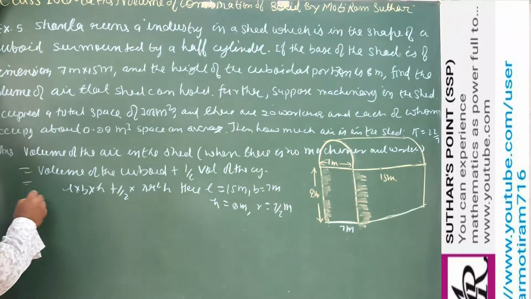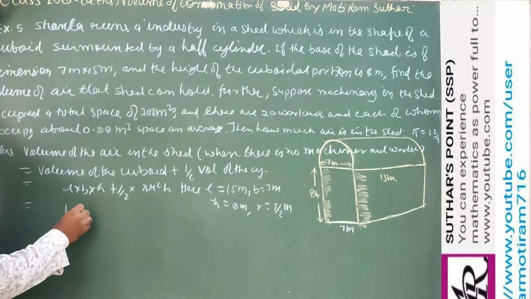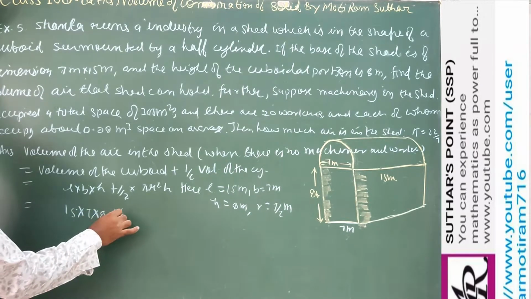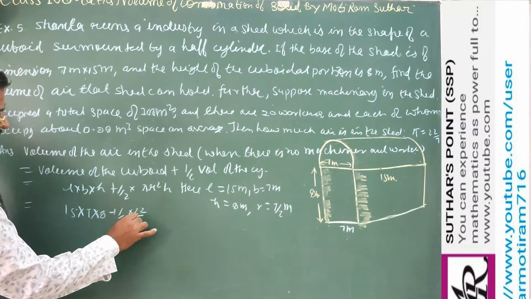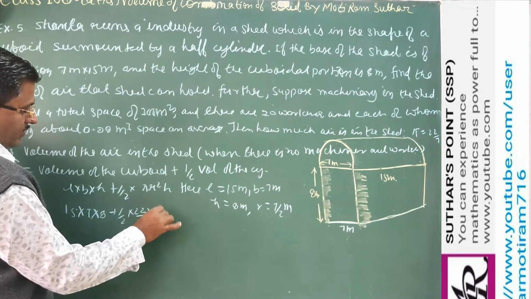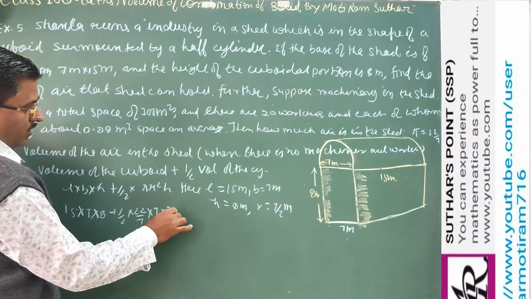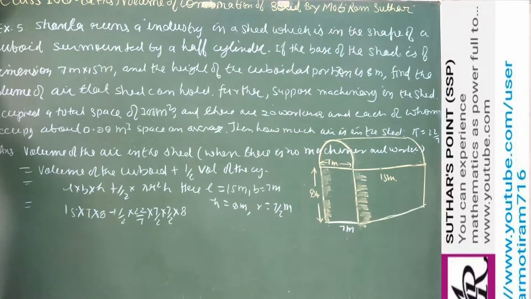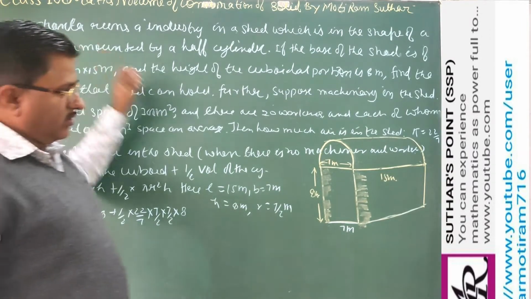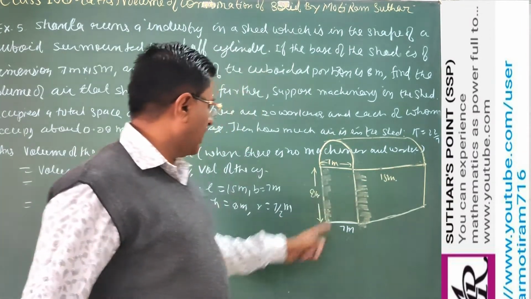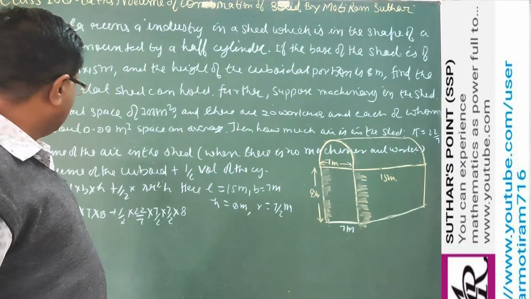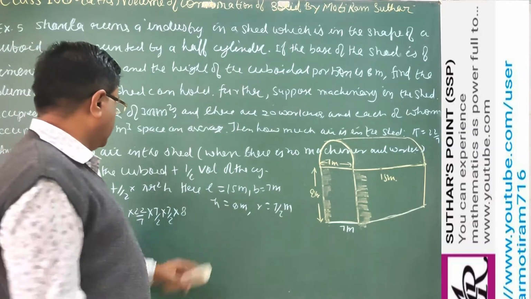So put all these values: length 15, breadth 7, height 8, plus 1/2 pi, you can use 22/7, r as 7/2, 7/2, h that is the height of the cylinder. Sorry, we are using length, breadth, height for the cuboid, and that height is different.